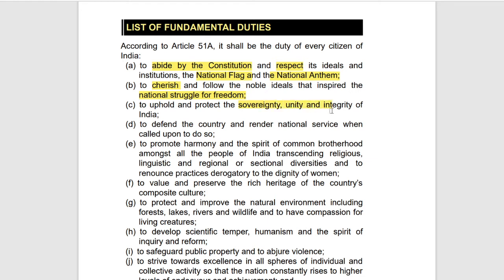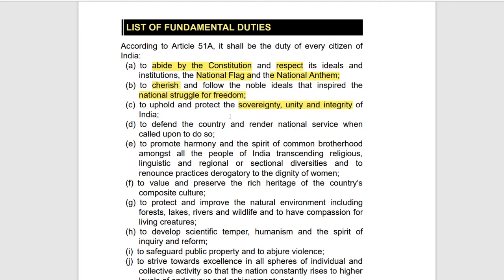Next, sovereignty, unity, and integrity. What is the full sentence? To uphold and protect the sovereignty, unity, and integrity of India. So can I tell you to pick only these 3 words, sovereignty, unity, and integrity of India? If these words are in your notes, can't you simply recall that it is of course about India? It is of course about upholding and protecting the unity of India.